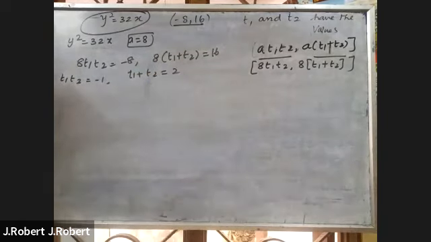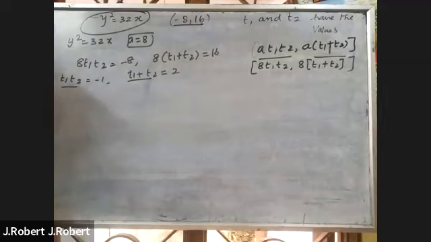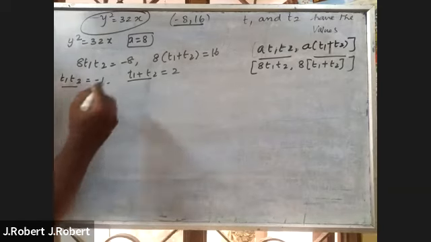So we have found that if T1 and T2 are the roots, this is called the product of the roots. This is called the sum of the roots. Suppose we have two values here, then we can talk about the sum of the roots and the product of the roots. So how do we write the equation?